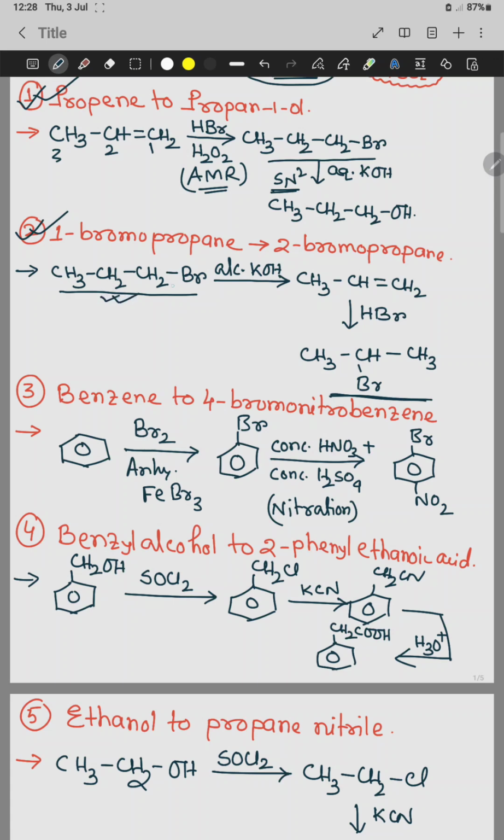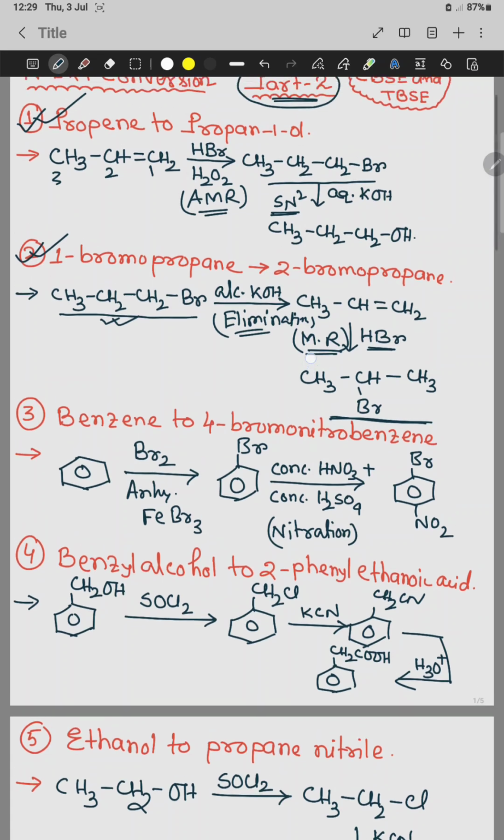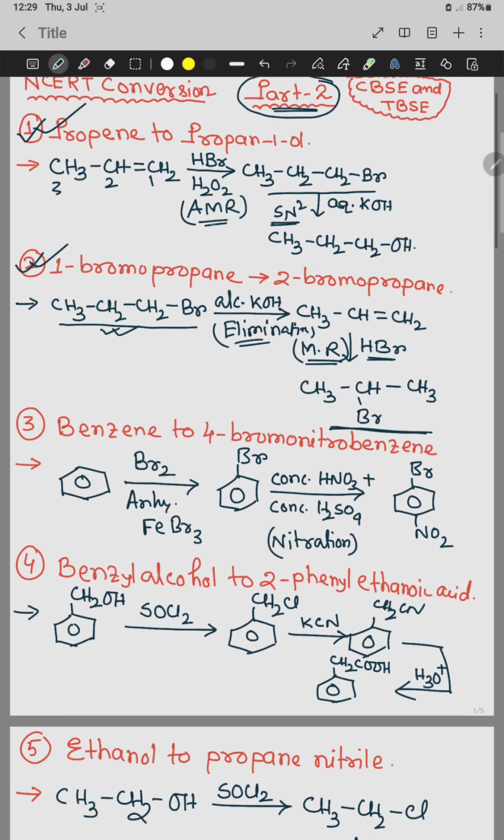This one is 1-bromopropane, and when we treat this with alcoholic KOH, we will get propene. When we react it again with HBr, then according to the Markovnikov rule we will get our desired product. This one is an elimination reaction. So first we will do the elimination and then the Markovnikov rule. In the previous one, first we did the anti-Markovnikov rule and then the SN2 reaction.